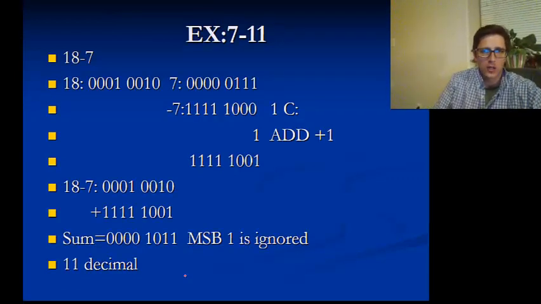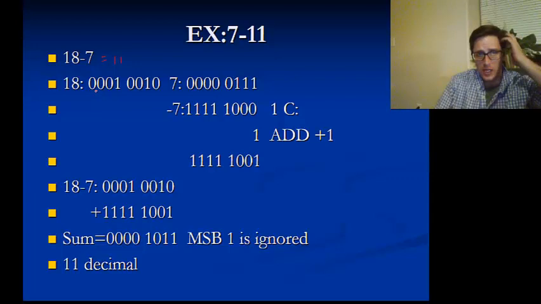So we're going to work a couple more examples of 2's complement. So here what we have is 18 minus 7. We know in our math that 18 minus 7 is going to be 11. But what we can do is actually do this.